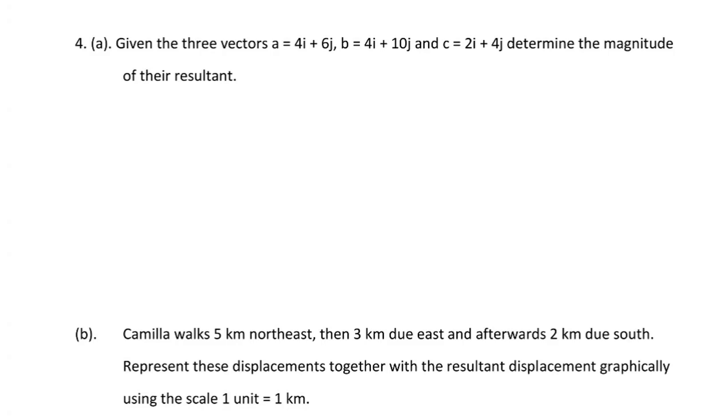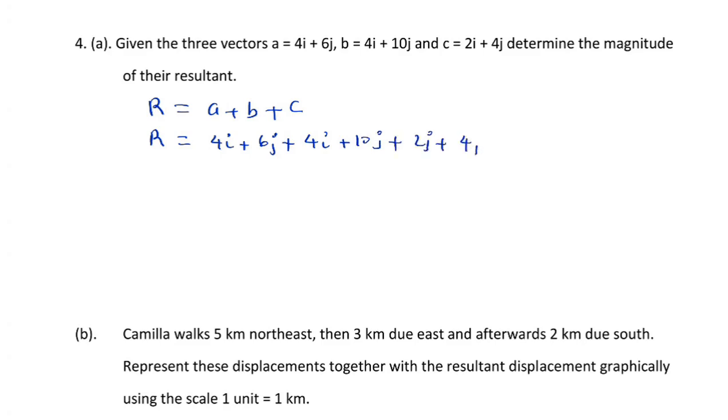We are going to have the resultant denoted as r equals a plus b plus c. Let us now take the values from the question. We are going to have r equals 4i plus 6j plus 4i plus 10j plus 2i plus 4j. After solving the values, we are going to have r equals 10i plus 20j.